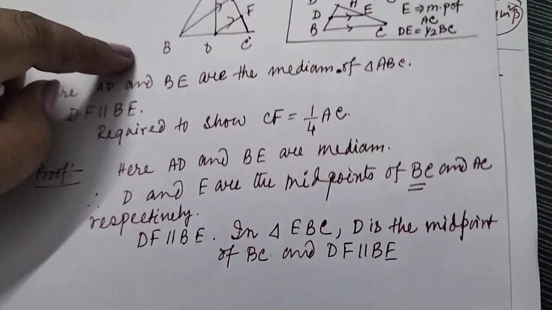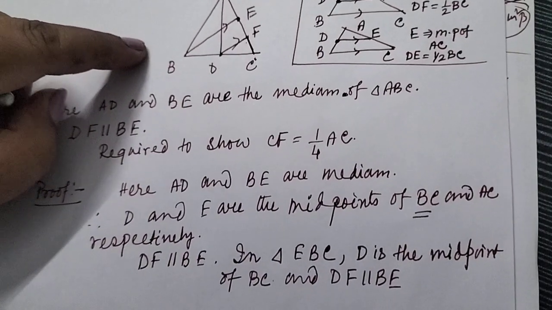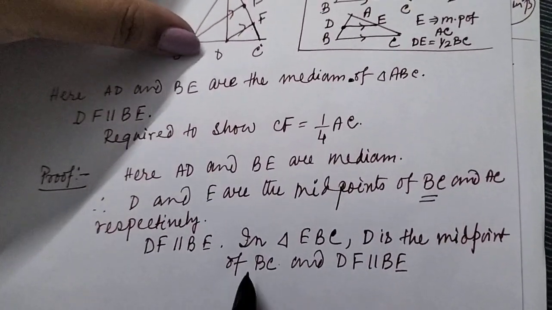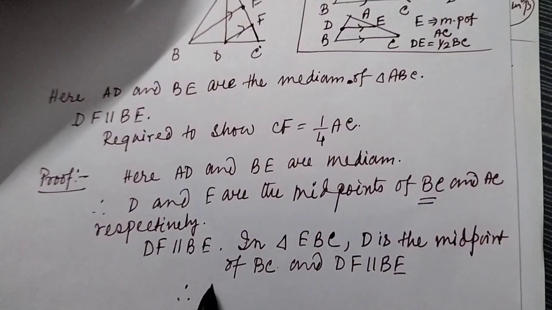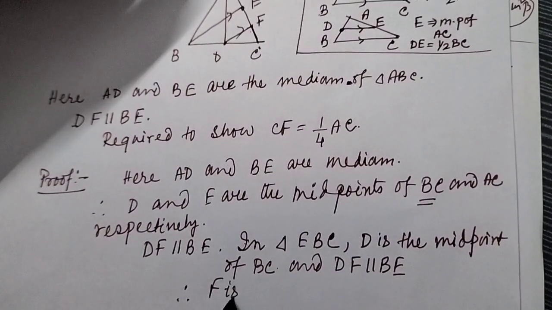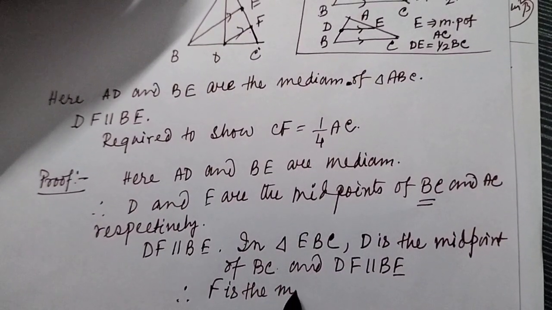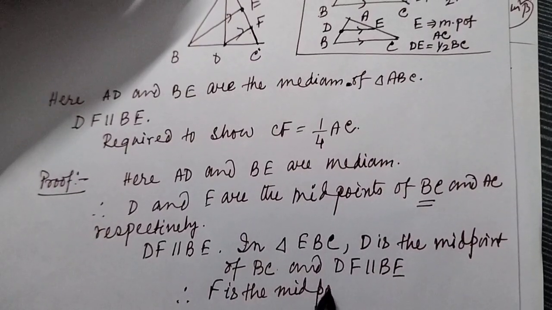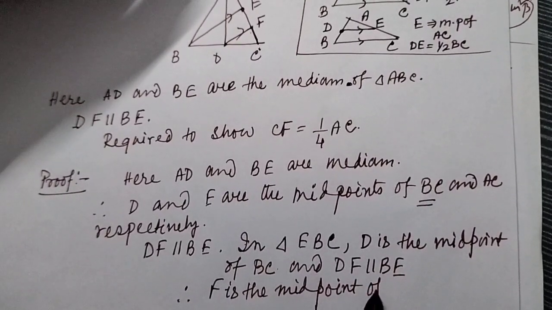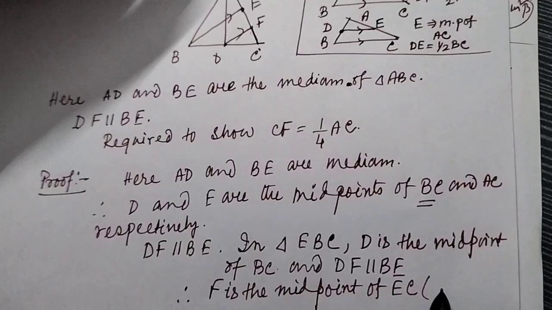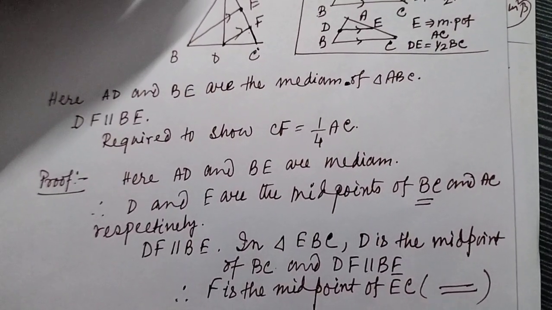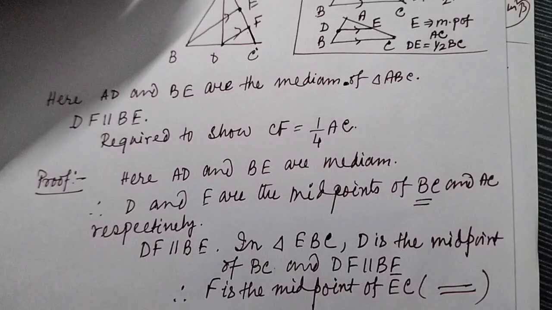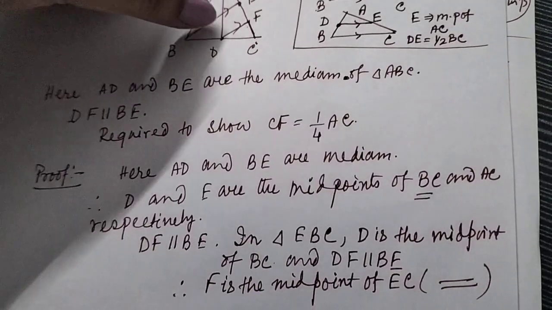So by the converse of the midpoint theorem, we can conclude that F is the midpoint of EC. We can write it by the converse of the midpoint theorem, right? You have to state over here by which rule you can say this, you must state this. So F is the midpoint of EC.